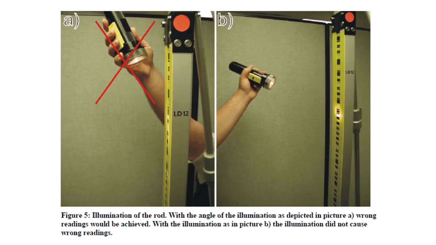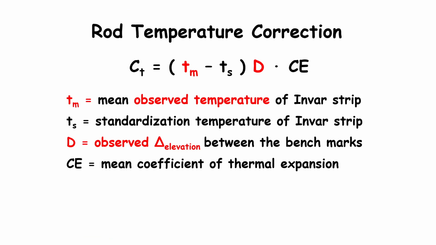With illumination of the rod at the angle depicted in the picture, wrong readings would be achieved. With the illumination as in picture B, the illumination did not cause wrong readings. Then another way to make the measurement more accurate is rod temperature correction.